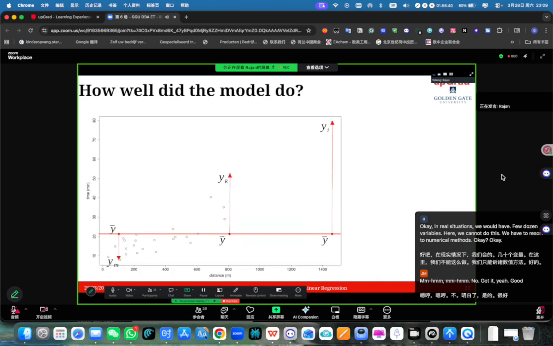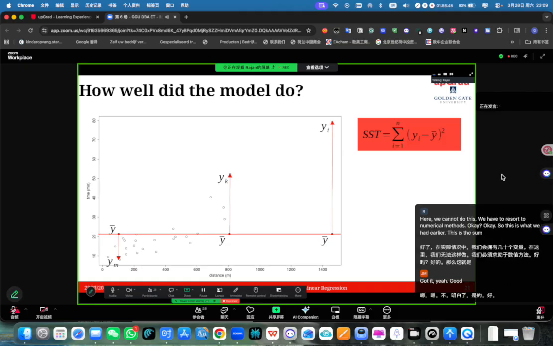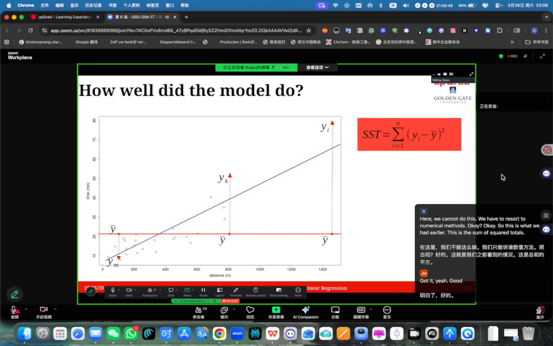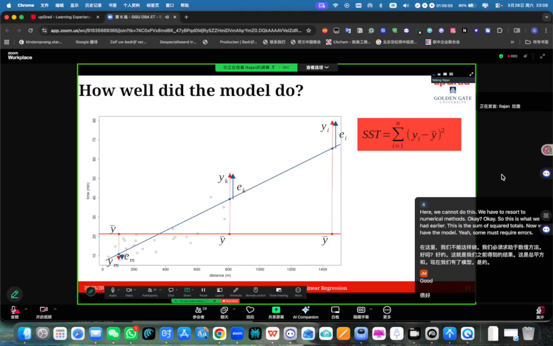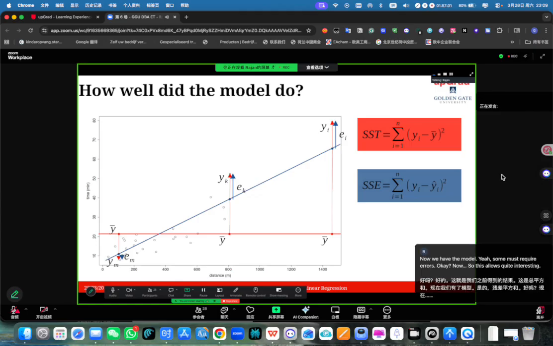So this is what we had earlier. This is the sum of squared totals. Now we have the model, and we have the sum of squared errors. Where does the word regression come from?